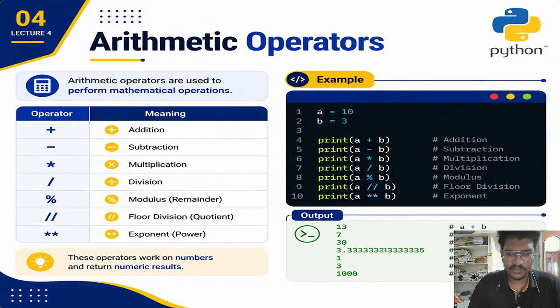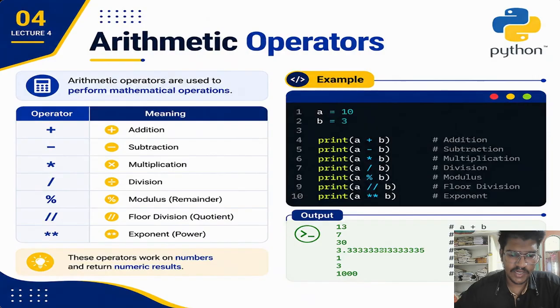which is 10 multiplied by itself 3 times. Now there are some common mistakes which beginners make. Beginners often confuse slash and double slash. Remember, the slash always gives a float value, even if the division is perfect. For example, 10 divided by 2 is 5.0, not 5.